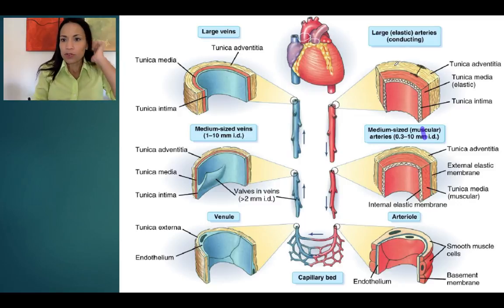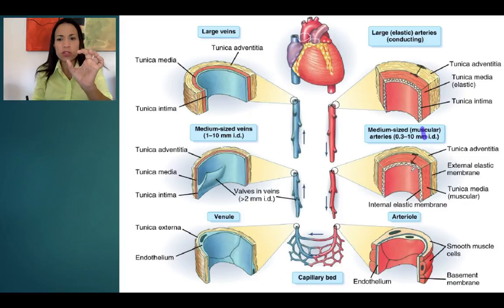After that, these elastic arteries branch repeatedly until we have a medium-sized artery that we call muscular arteries. Muscular because they now have a thicker layer of smooth muscle tissue. So this one we can control. These are mostly the arteries that we're going to describe later that supply the organs and the muscles.